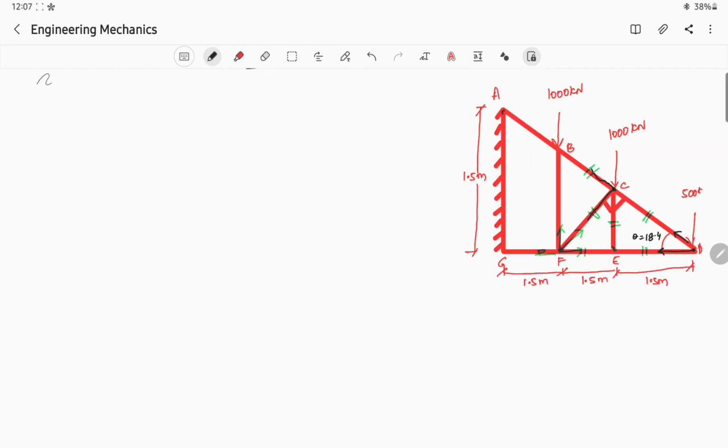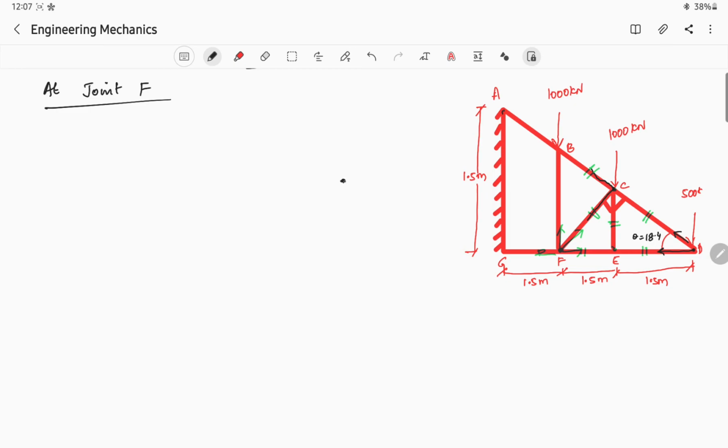So we'll draw joint F. Okay, so at joint F, how many forces are acting? I'll draw this joint here.